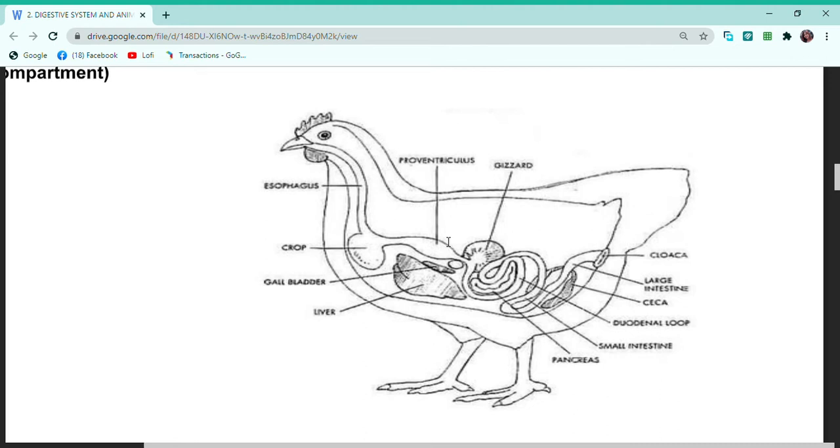So after the gizzard, we have the small intestine, large intestine, and then finally the cloaca and vent. Yun yung katumbas ng rectum at saka anus, the cloaca and vent. Okay, get me? Okay. Next.